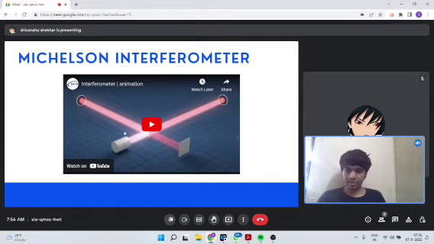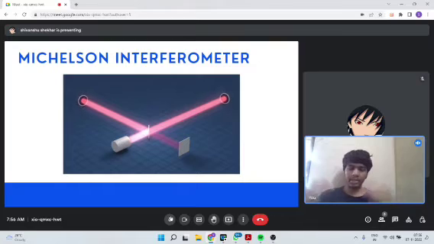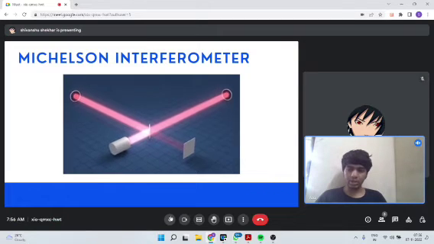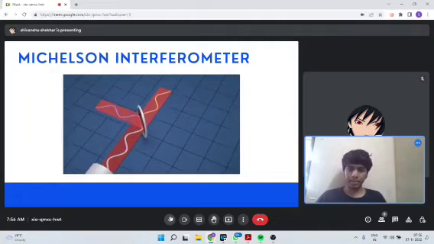So let's see a demonstration for the same. Here is the laser light going in. These are the two mirrors at the two ends, and by changing the distance of the mirrors, we can see how there is a changing intensity which is coming to the photodetector.